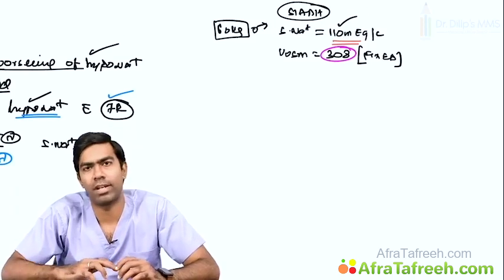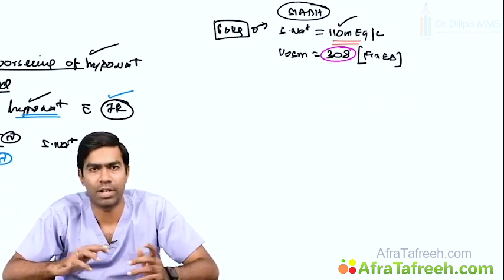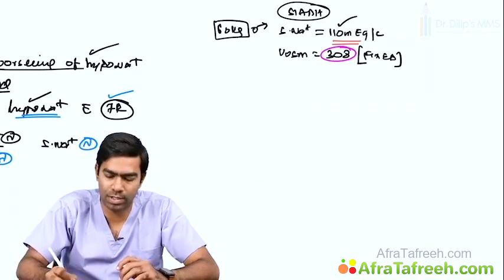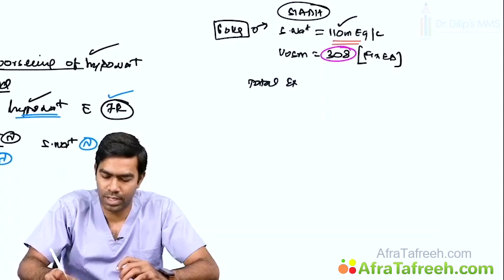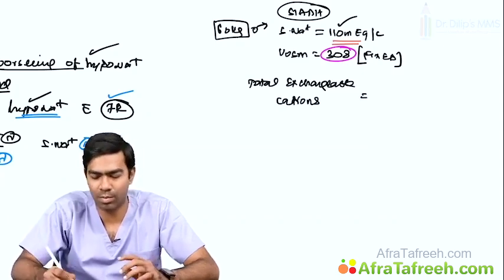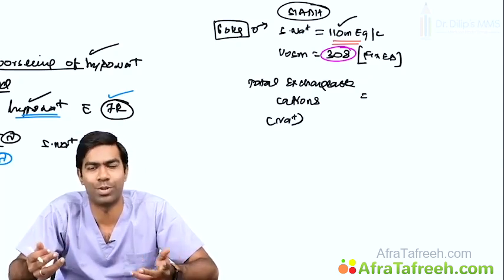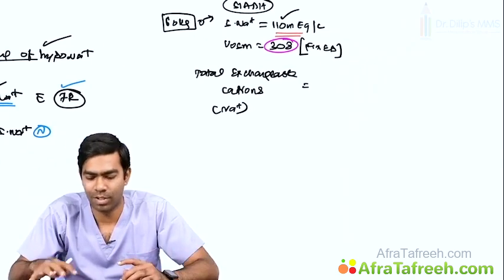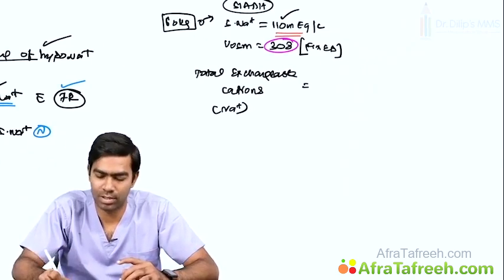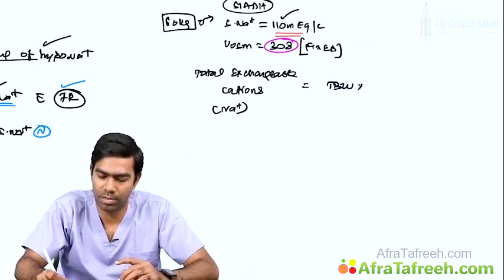Now what I'm trying to do is calculate something called total exchangeable cations. What do you mean by this? Don't worry about that. I'm talking about the amount of sodium in the body, the total body sodium. That's all. The formula is total body water multiplied by serum sodium.